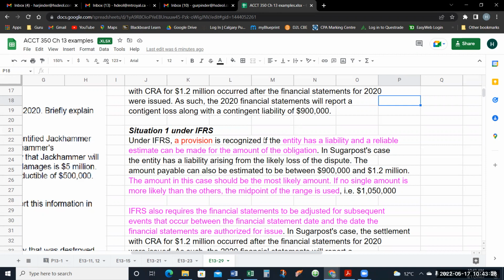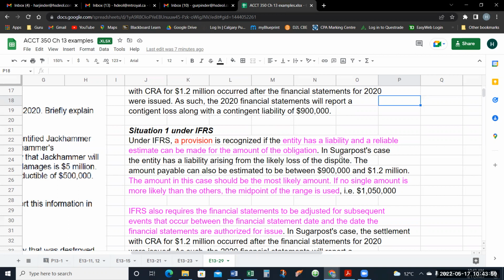So a provision is recognized if the entity has a liability. Keep in mind the definition of a liability is it's a result of past occurrences, right? A past event, and it is likely that it'll result in an outflow of resources, et cetera, right? So we looked at the definition during class. So if the company has a liability and a reliable estimate can be made for the amount of the obligation, if these criteria are met, then a provision should be recorded.